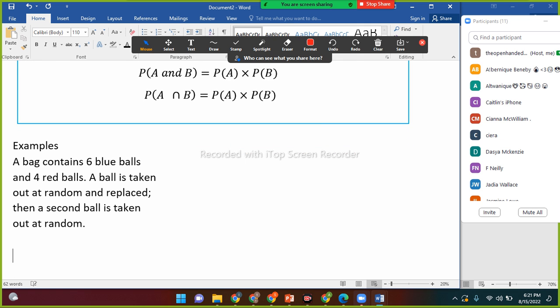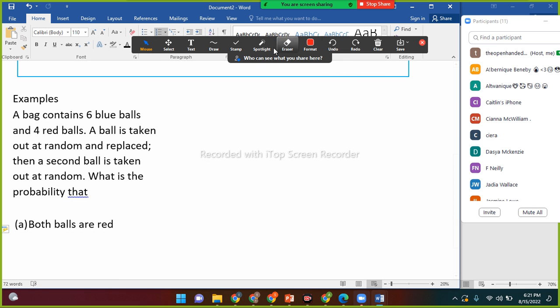So the first question is, what is the probability that both balls are red?